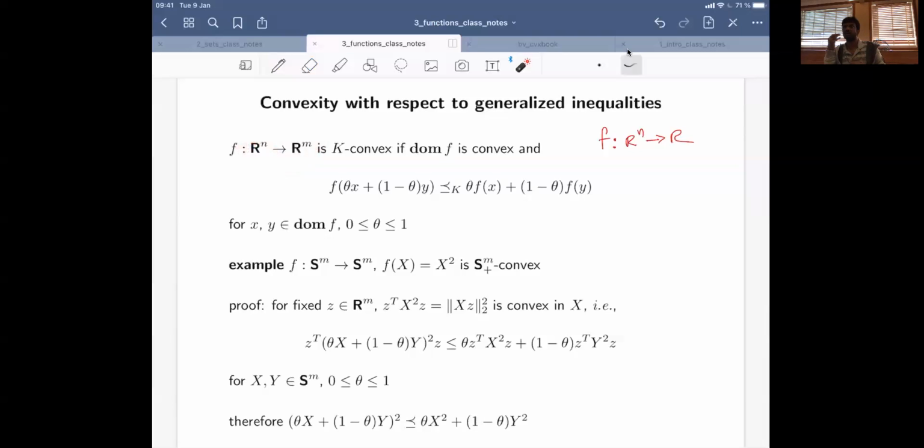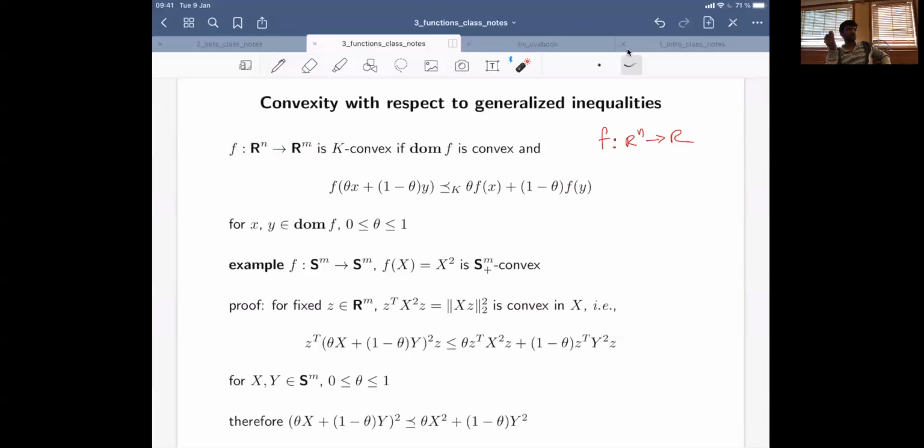Of course, the concept that should come to your mind is a cone, right? We saw how you can define inequality for vectors and inequality for matrices. For vectors, the famous inequality is using the proper cone Rn plus, which is a component-wise inequality that we saw.